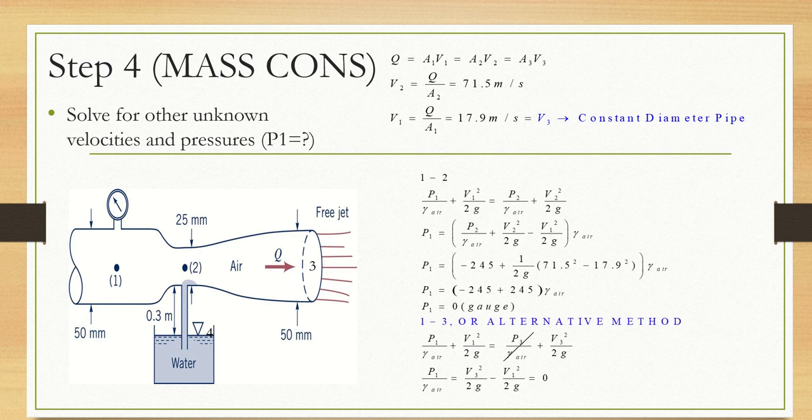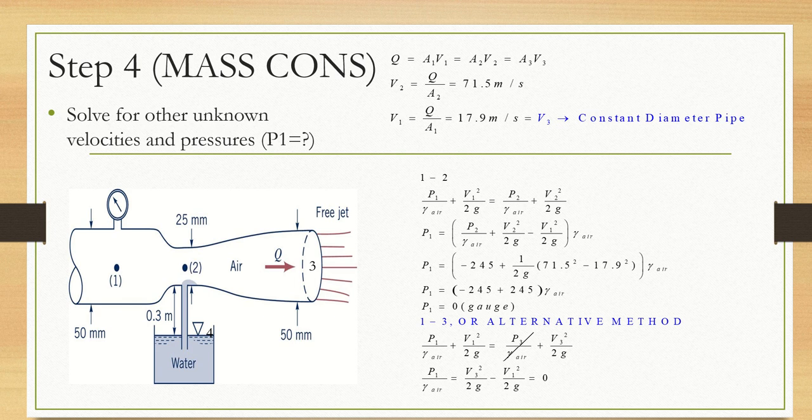So now I want to find the pressure at 1. I can apply Bernoulli between point 1 and point 2. I can apply Bernoulli between point 1 and point 3. Depending upon if I use 2 or 3, it will just depend upon how much information I know about point 2 compared to what information I know about point 3.